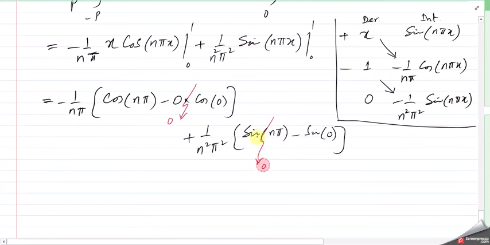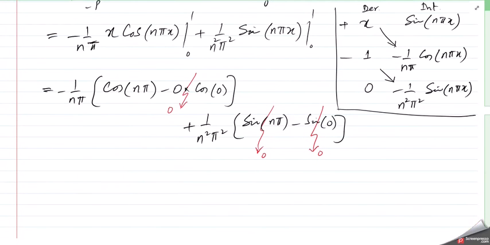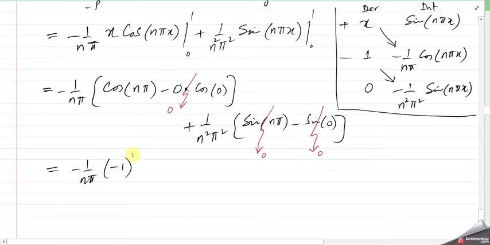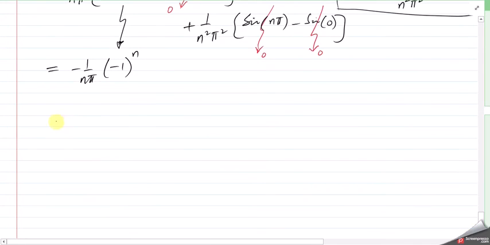This term goes to 0 because sine n pi is 0. This term goes to 0 because sine 0 is 0. So we are left with minus 1 over n pi times minus 1 over n, because cos n pi is minus 1 power n.